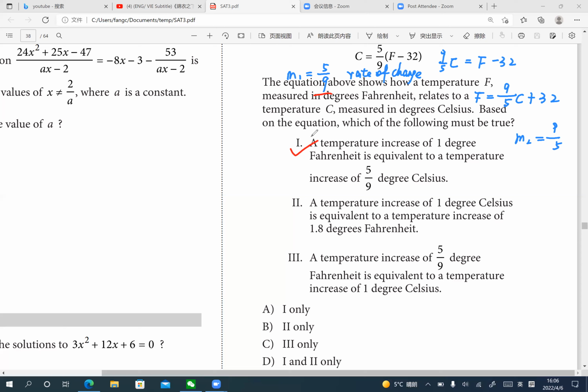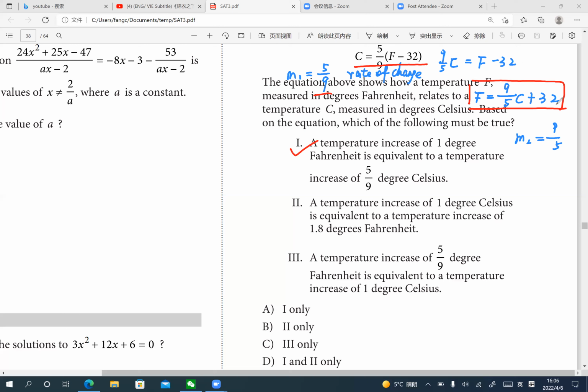Second statement, a temperature increase of 1 degree Celsius is equivalent to a temperature increase of 1.8 degrees Fahrenheit. If we rewrite the equation as a function of F in terms of C, we get 9 over 5 times C equals F minus 32. Therefore, F equals 9 over 5 times C plus 32.